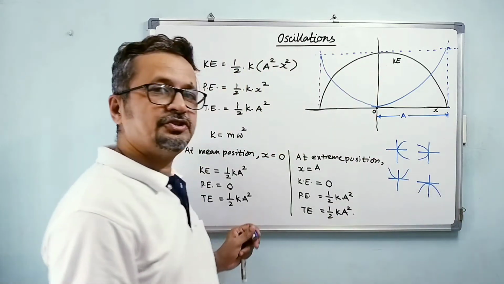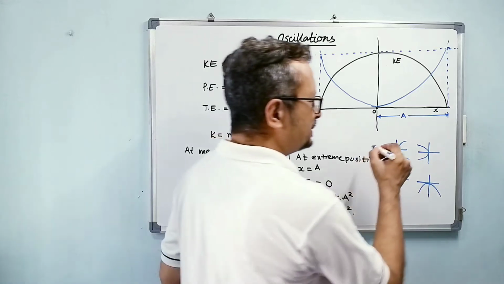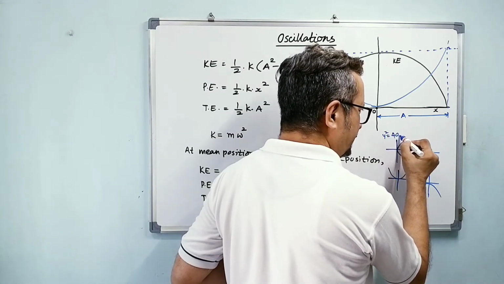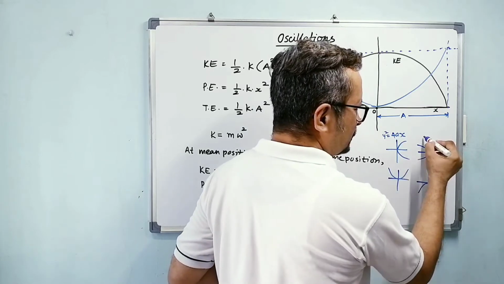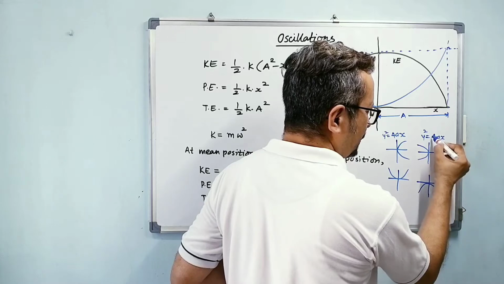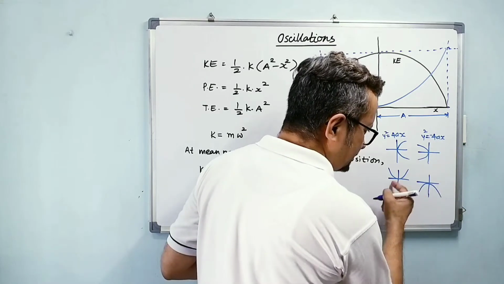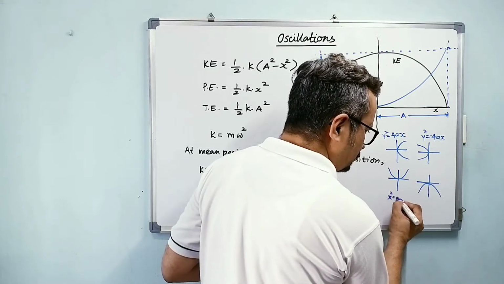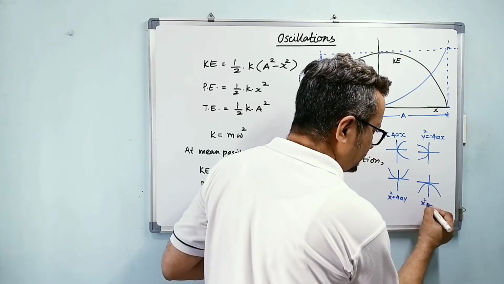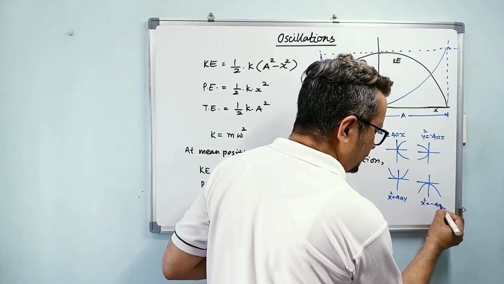Now, what is the general equation of this parabola? The general equation of this parabola is y square is equal to 4ax. This is y square is equal to 4ax, but minus of that. This is x square is equal to 4ay, and this is x square is equal to minus 4ay.